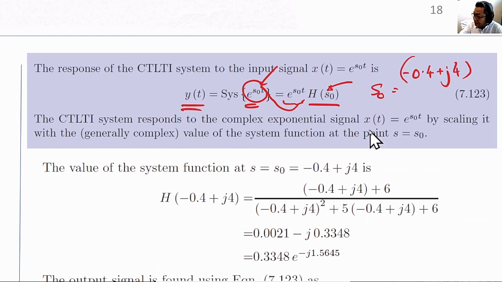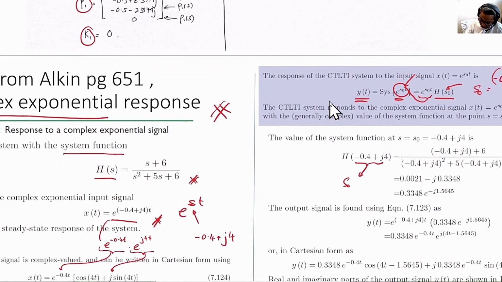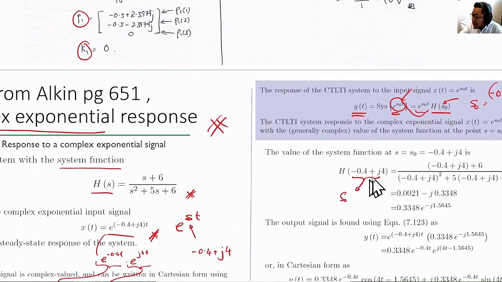We'll just use this theory, and therefore our problem now is to evaluate what is H(s0). This is s0. s0 came from exactly this expression here, e^(s0 t). So s0 is equal to -0.4 + j4. We substitute this value into the various s's.